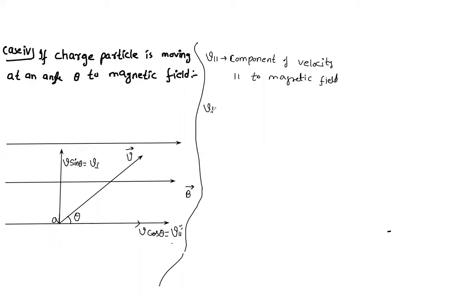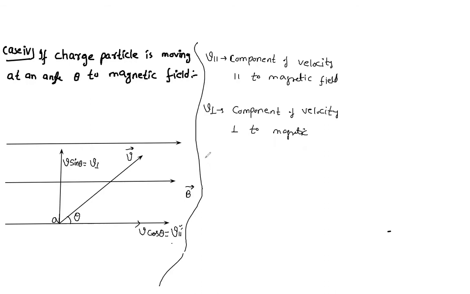V parallel is the component of velocity parallel to the magnetic field, and V perpendicular is the component of velocity perpendicular to the magnetic field. Now to decide the exact path of the particle, we will solve V parallel and V perpendicular separately.